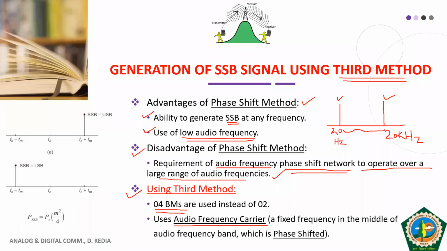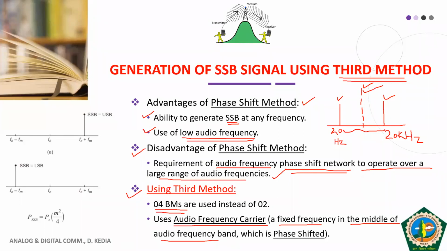When I talk about audio frequency carrier, it means I'll be taking a single frequency in between the range of the audio signal frequency range, and I call that single frequency the audio frequency carrier. So this audio frequency carrier is a fixed frequency in the middle of the audio frequency band, and we will phase shift this constant frequency.